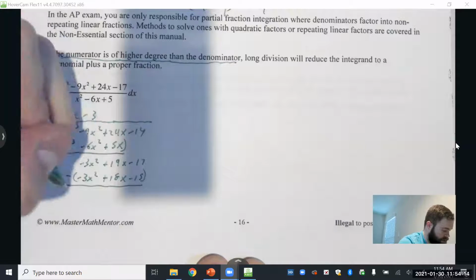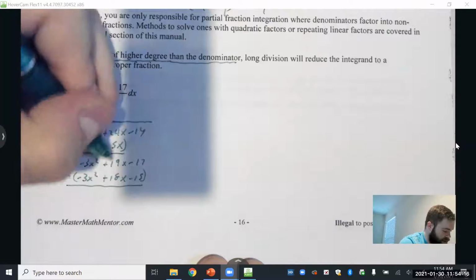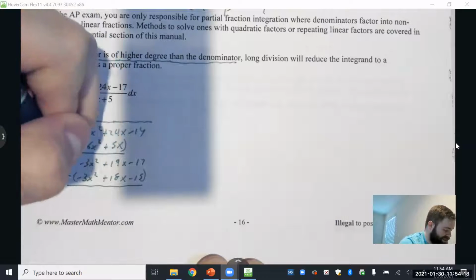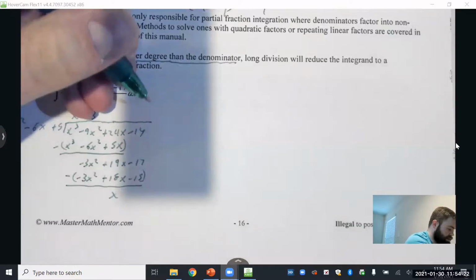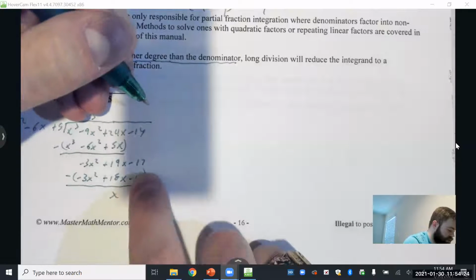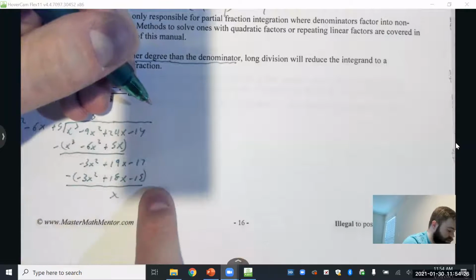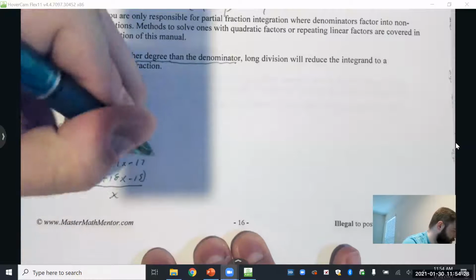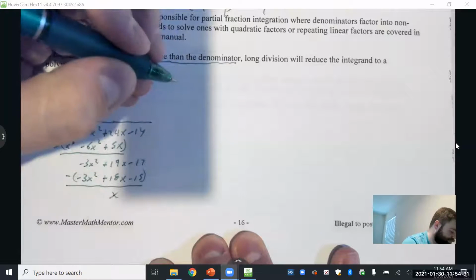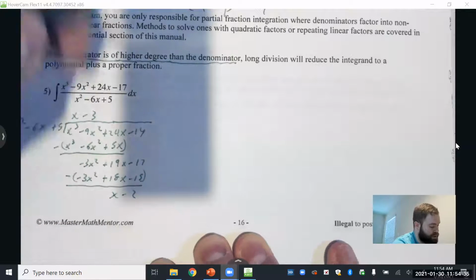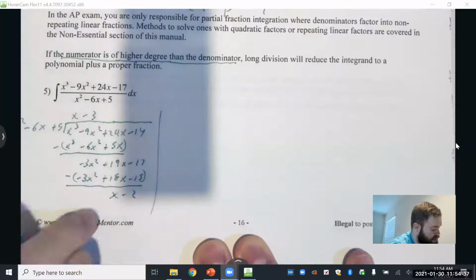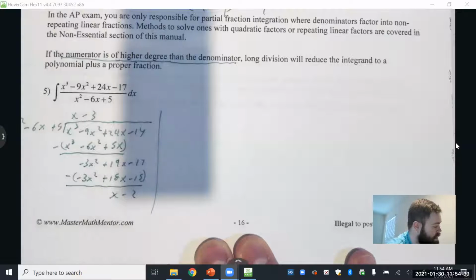So those will cancel. 19x minus 18x leaves us with just an x. Negative 17 minus a negative 15 is really a plus, so that leaves us with a negative 2. So there's the long division part, with x minus 2 being our remainder.